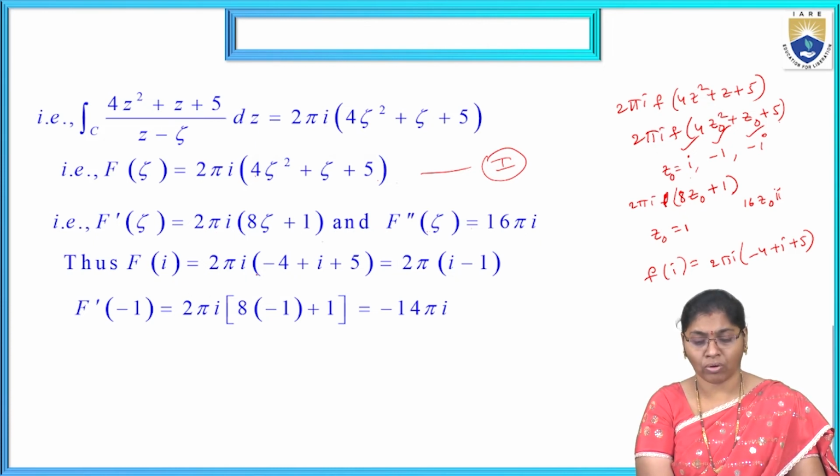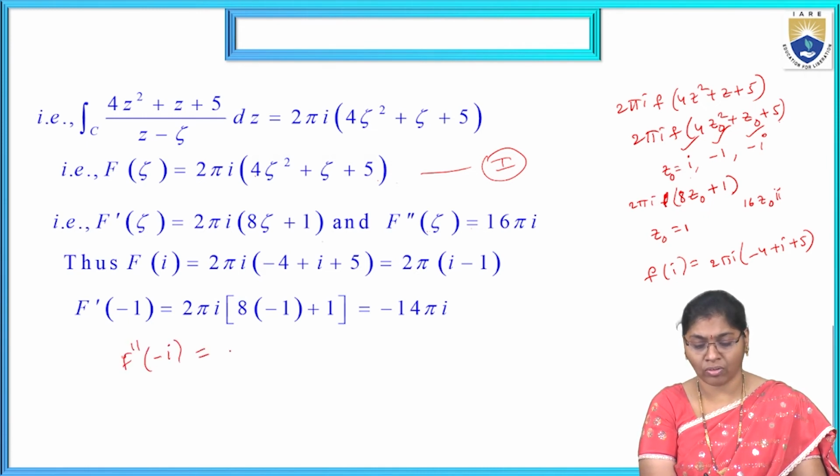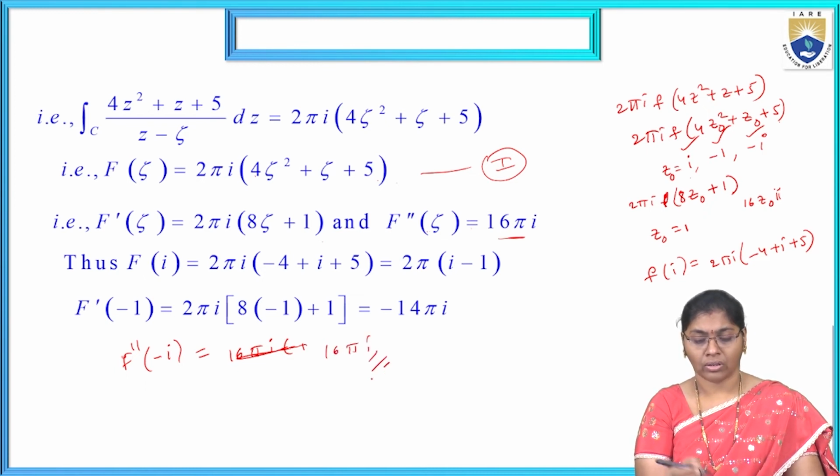Now f of i equals substituting this. Next f dash of −1, and next f double dash of −i. F double dash of −i means 16πi.